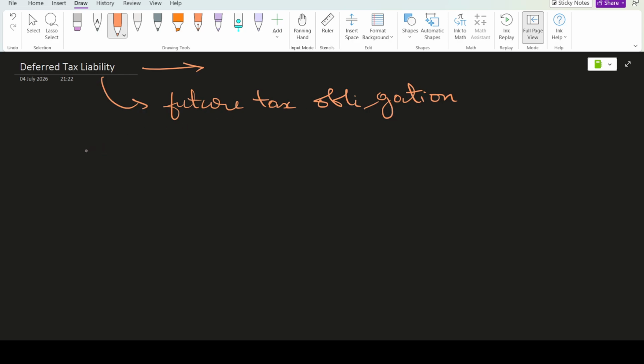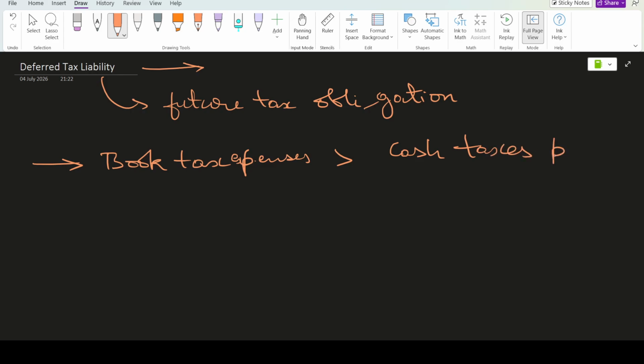So how does it arise? It arises when book tax expense is greater than cash taxes paid. What does this mean?